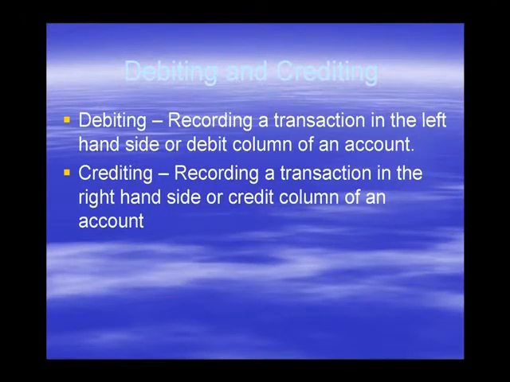Then crediting is recording a transaction in the right-hand side of an account or credit column of an account. So we have right-hand side and left-hand side, two sides, right? If you want to record something in the left-hand side, then it is called debiting. If you want to record something in the credit side, then you have to record it in the right-hand side.